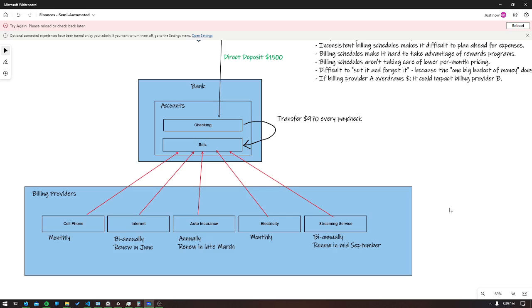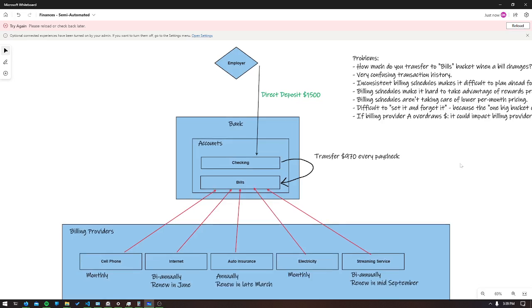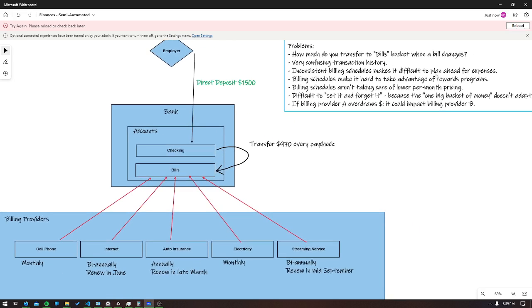Unless you note that down somewhere and set up some reminders on your calendar, that stuff's just going to come in randomly, and you won't be planning ahead for it, just because it's too much to keep track of. I mean, you can if you want to, but it's a lot of effort in my mind. So that makes it difficult to plan ahead.